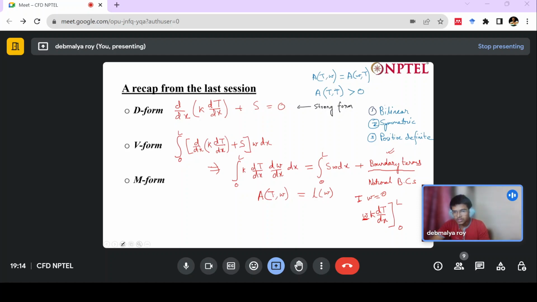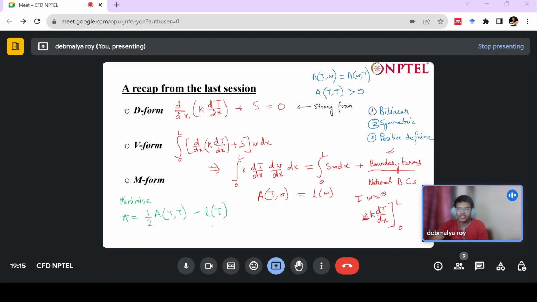Another form which is there is the M form. What is the M form? M form is basically representing this particular equation in a minimization statement. So this basically says that whatever this equation is, it is the same as stating that we should minimize pi, where pi is equal to half a(T, T) minus L(T).